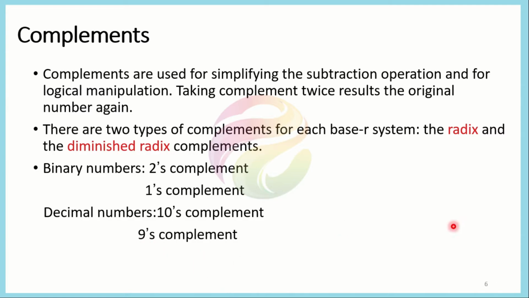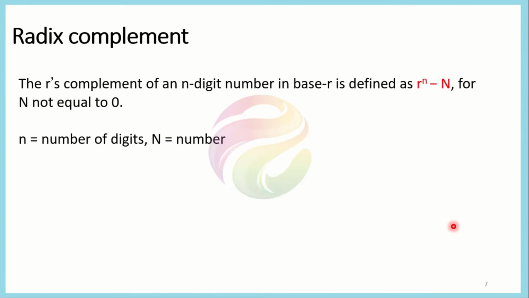Now we will discuss how we generally calculate this complement. There is a standard formula for calculating the radix complement and the diminished radix complement. Suppose we have any number represented by capital N, and small n digits are required to represent that number.